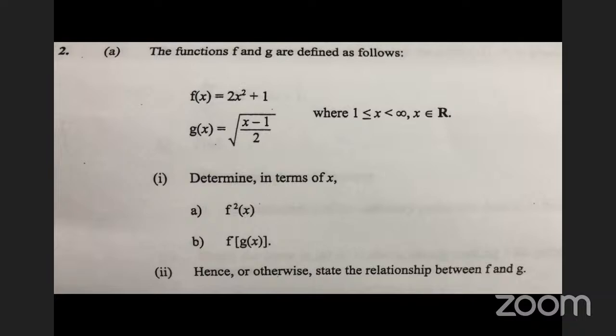I'll start with this now. Right? f squared means what again? f of f of x, right? So f going back into there. And then the g going into there, and something should happen.